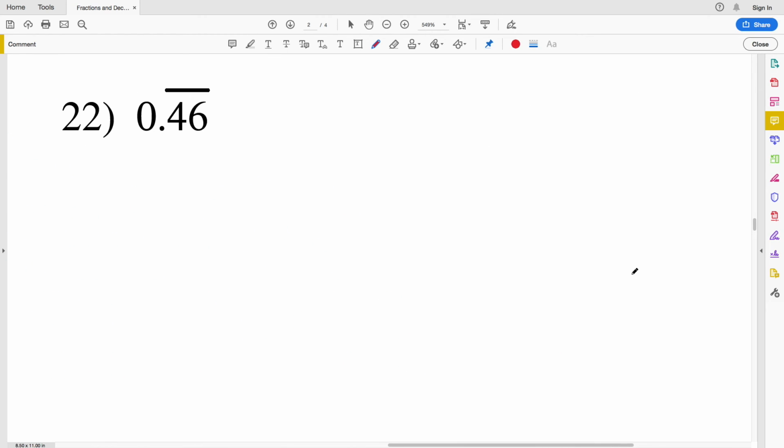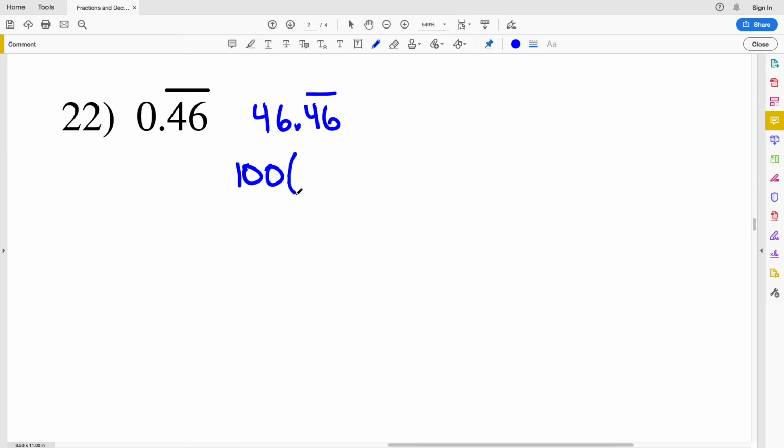In number 22, we have 0.46 repeating. So again, we need to figure out how to rewrite it as a whole number that we can then divide by. So moving that decimal point over twice, we'll get 46.46 repeating.